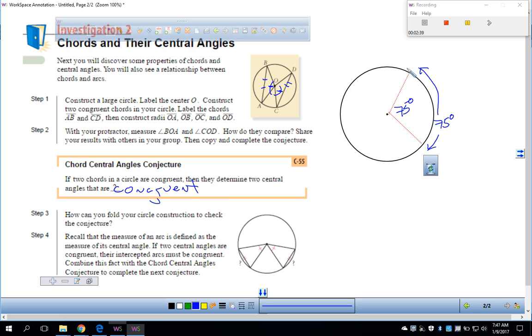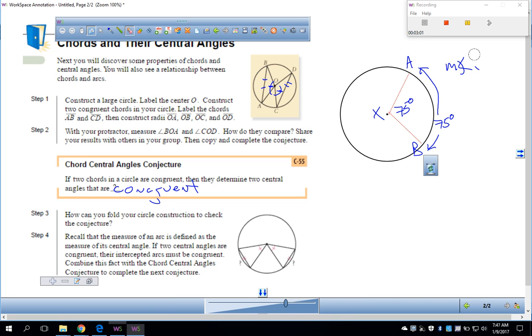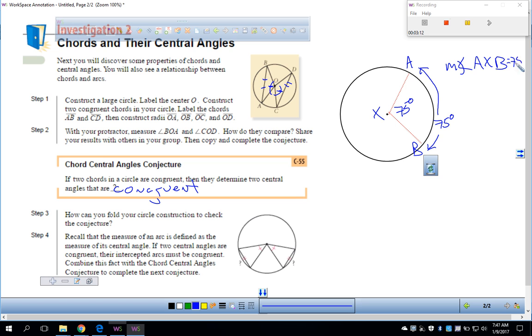So if this is arc AB, and the measure of angle AXB is equal to 75, then it follows that the measure of arc AB is also equal to 75 degrees. So the measure of the central angle is equal to the measure of the central arc.